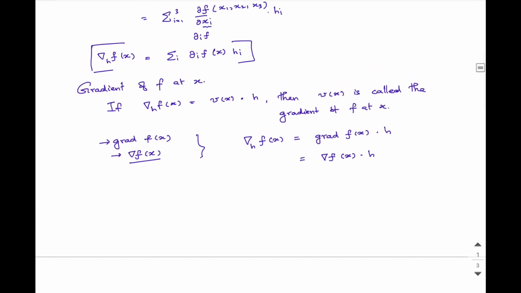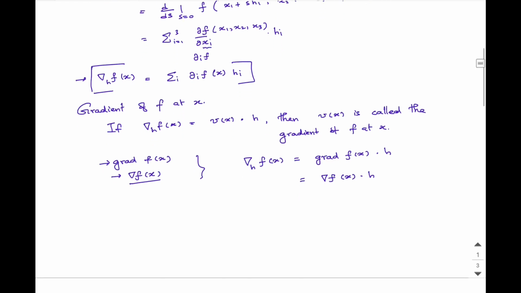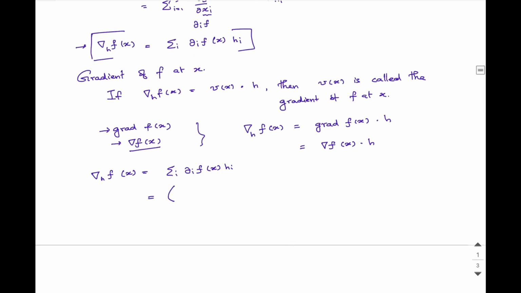Good. Now, can we derive the expression for the gradient based on this? We derived the expression for the covariant derivative. Can we express the gradient from that directly? It turns out it's very simple, because I can write the covariant derivative of f at x, which is nothing but the summation over i of partial_i f at x times h_i, as the inner product of the sum of partial_i f e_i and the sum of h_j e_j. Why is that?